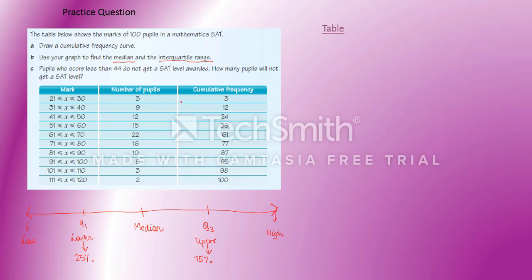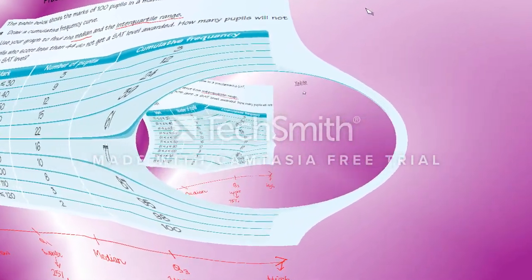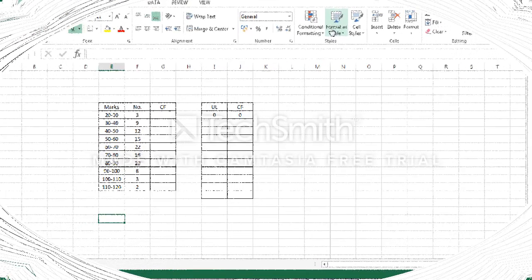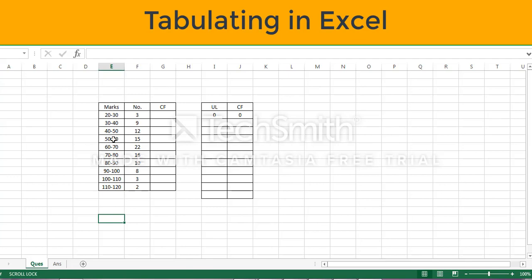So as in the earlier lessons, tabulating this data onto Excel makes it a little easier to calculate and analyze the data further. So I have done the same. Alright, so here we have the tabulated data in the form of the marks and the number of students who secured those marks, and you're already aware of the concept of cumulative frequency.